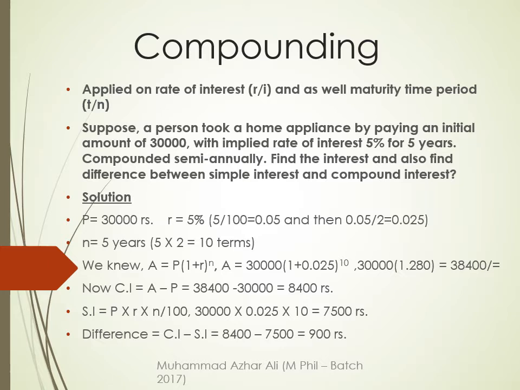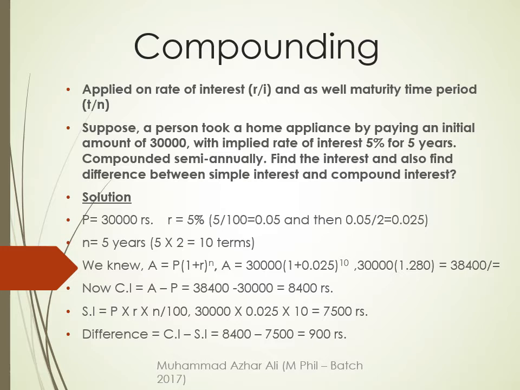Now the simple interest. As we know the formula for simple interest, we will apply the values as we have done. We will not divide the whole values by 100, because we have already divided the R by 100 earlier in our data. With all these values, our simple interest will become 7,500 rupees.